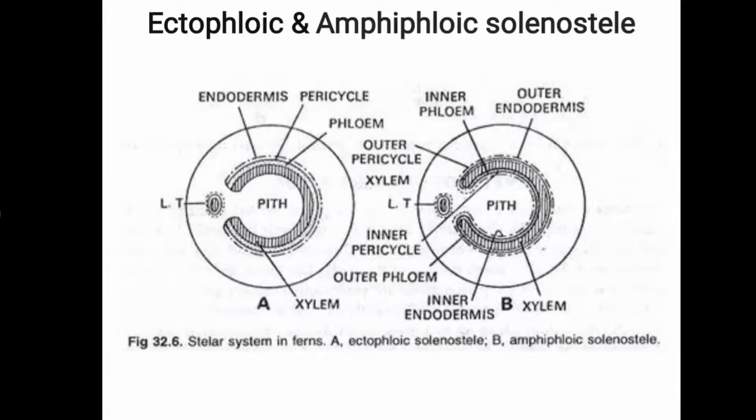In this, the xylem is present on the outer side of the phloem, and in this area the portion is broken down. It is known as the ectophloic stele. In the amphiphloic stele, the portion is the same with the leaf gap, but the phloem is present on both sides of the xylem. So they are the two types of solenostele.